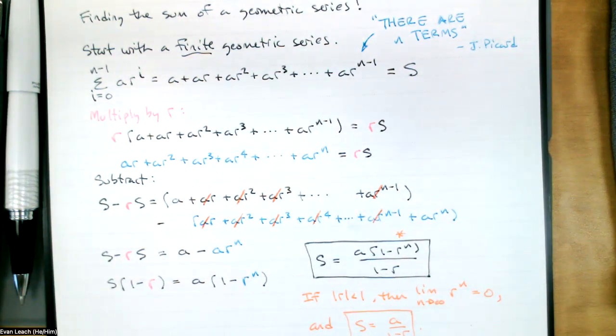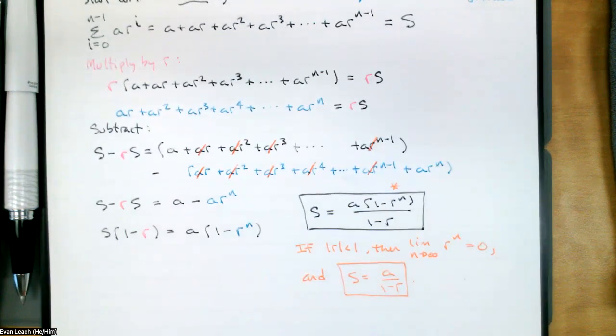And we not only get the conditions under which an infinite geometric series will converge, we also get a formula for the sum of that. So that's pretty cool.